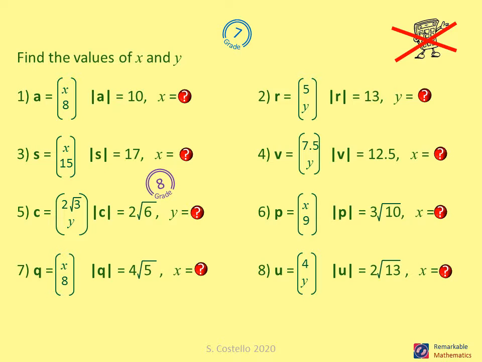So, question 1, x is 6. Question 2, x is 12.